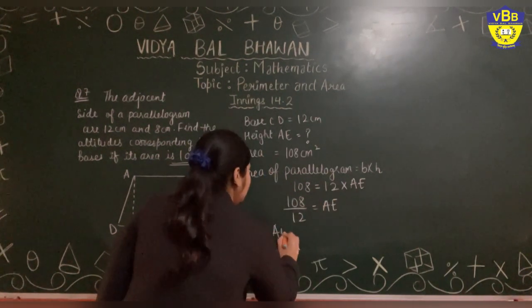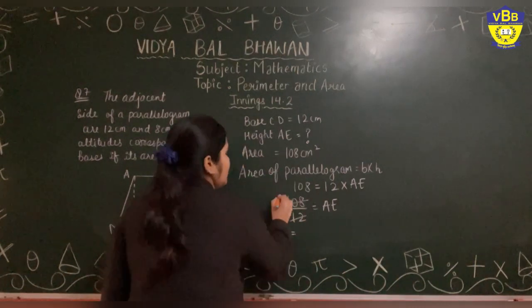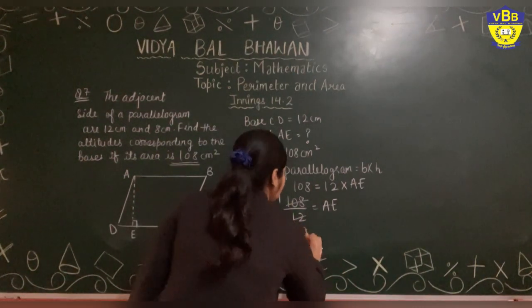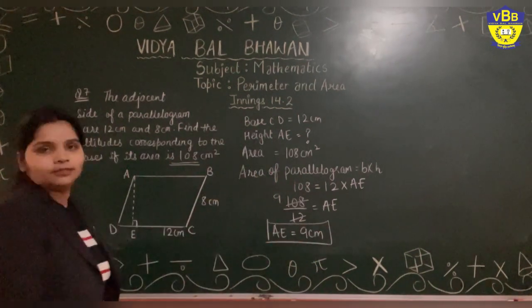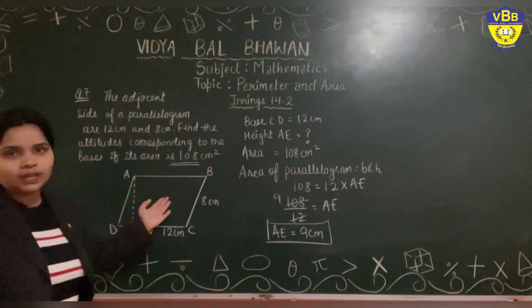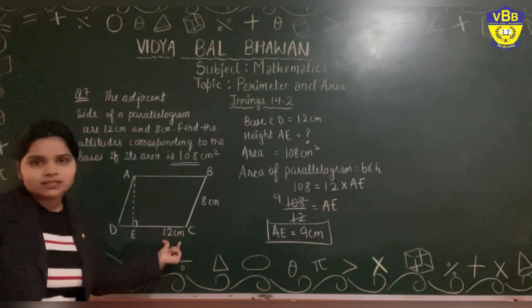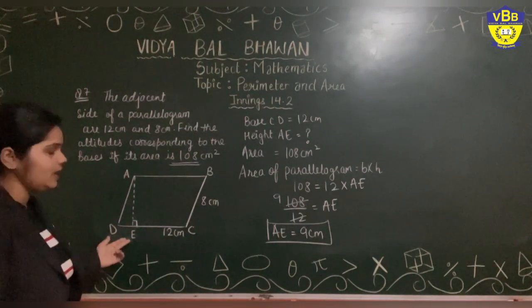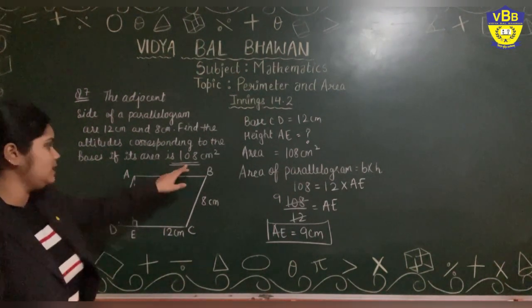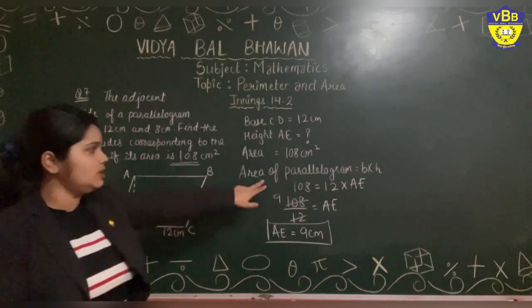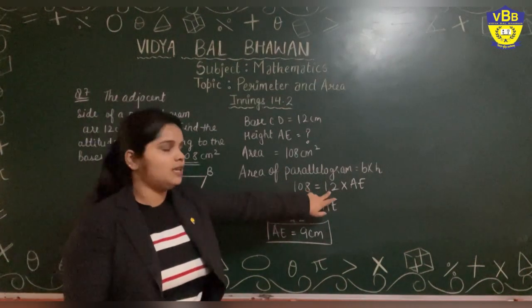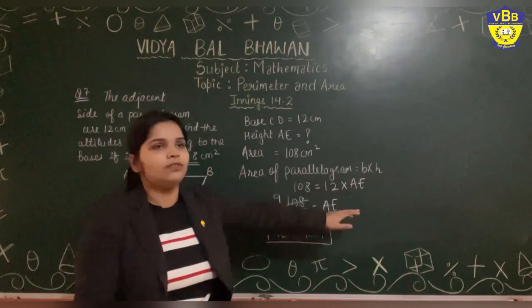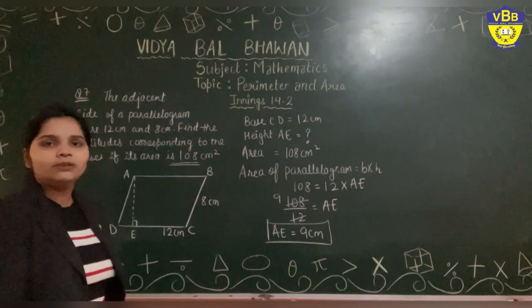That gives you the answer. 12 9s are 108, so AE will be 9 centimeter. That's it. For this parallelogram, if the base is 12 centimeter, its height will be AE. Area is equal to base into height. Area is 108, base is 12, AE we need to find, do the transpose and calculate it.